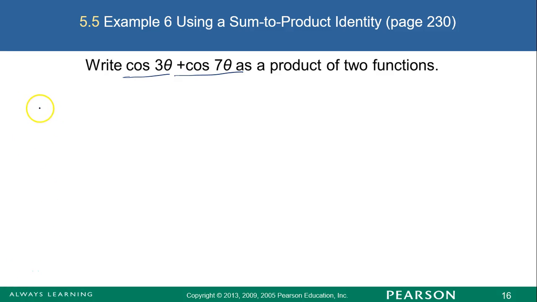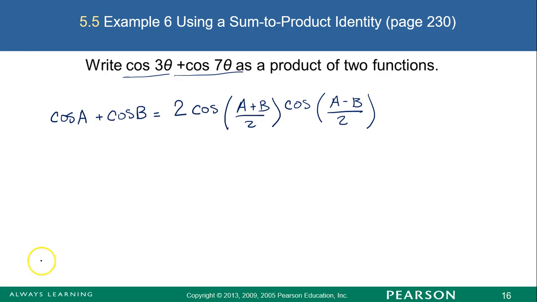Right, so let's say I'm going to write out that identity. Cosine of A. Okay, there it is. So following this identity exactly, we're going to plug in 3 theta in for A, and then 7 theta in for B. Let me write that out.